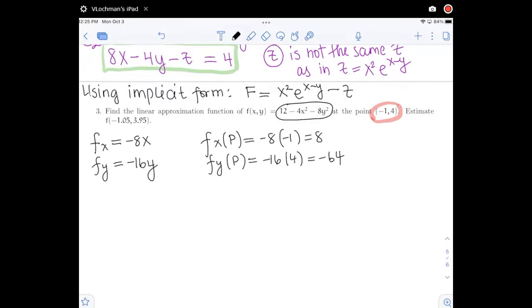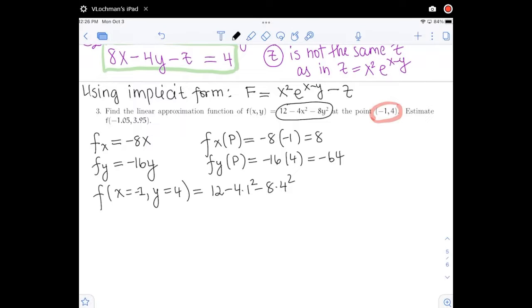Okay, so we have our slopes. So what about the function at that point? So f evaluated at that point. It's not given to us explicitly, so x is equal to -1 and y is equal to 4. We can compute that, no problem. So that's 12 minus 4 times (-1) squared minus 8 times 4 squared.